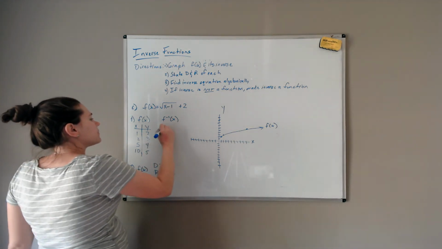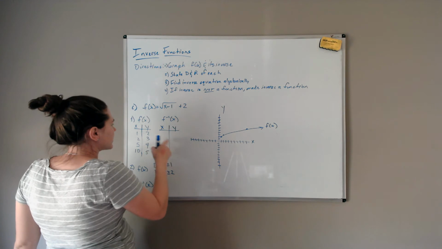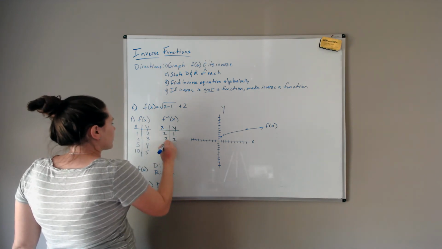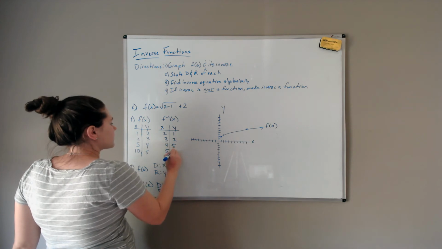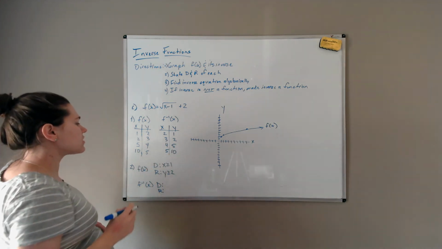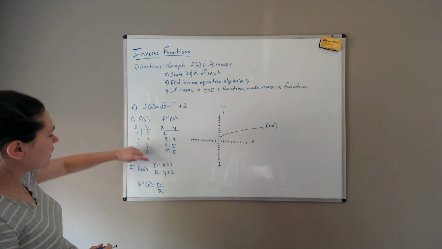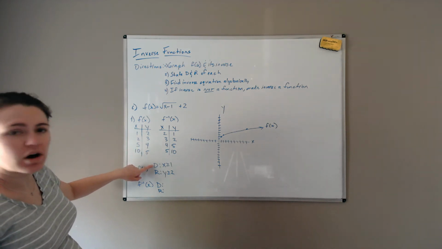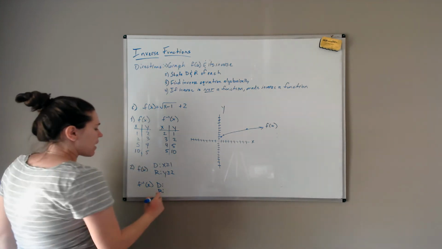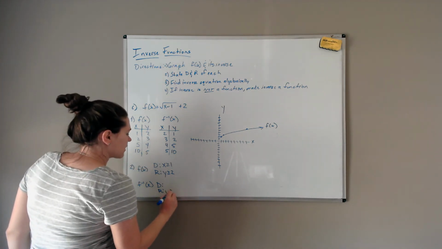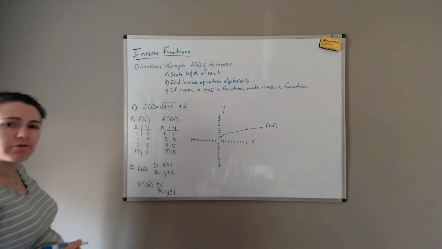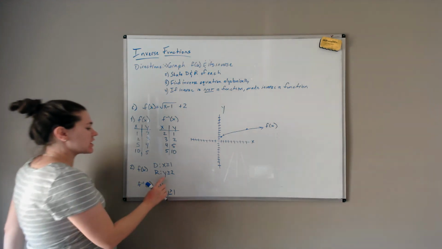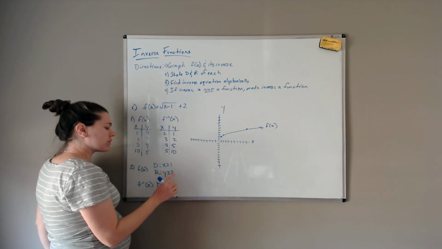Now, when we make our inverse table, we swap, so 2, 1; 3, 2; 4, 5; and 5, 10. What I want you to think about is, the domain of f was that the inputs had to be greater than or equal to 1, which means my outputs have to be greater than or equal to 1 for the inverse. For f, the output had to be greater than or equal to 2.